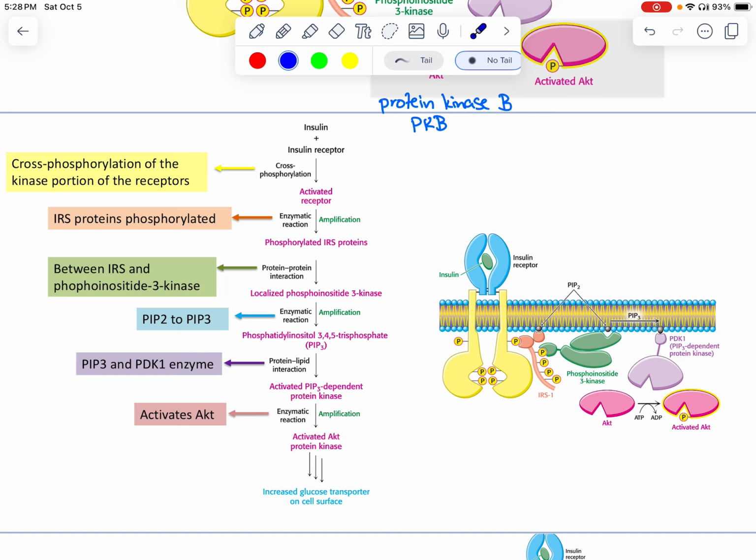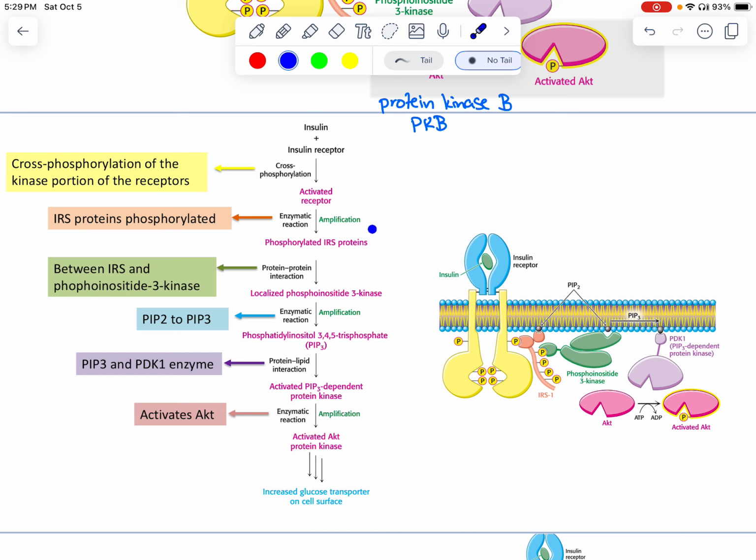And when that happens, it pulls these close enough together that they can cross-phosphorylate. Okay, so we see the yellow here. I've tried to kind of color code. So cross-phosphorylate. When that happens, it provides this docking site so it can bond this IRS1 protein, and then that is now close enough to become phosphorylated.